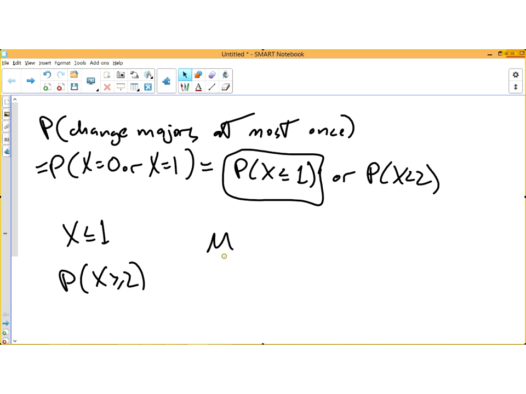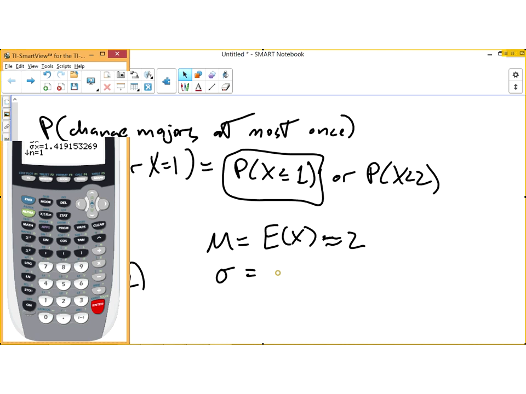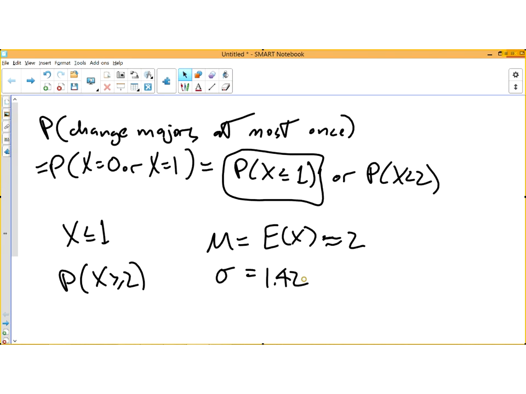Either we use, not the x bar symbol, but a Greek letter, a lowercase mu. It looks almost like a cursive u. It's the same thing as that E of x that you see on the quiz, the expected value of your random variable, and that's about 2. And then the standard deviation, that little o with the tail, was about 1.42.